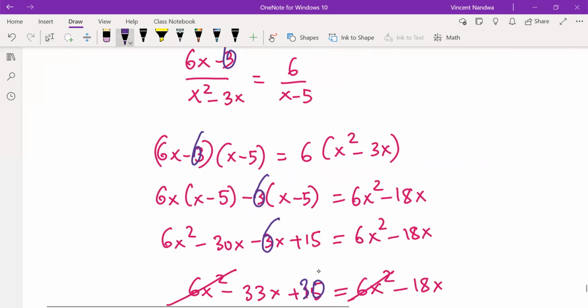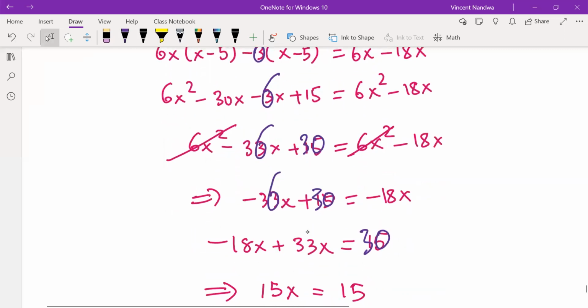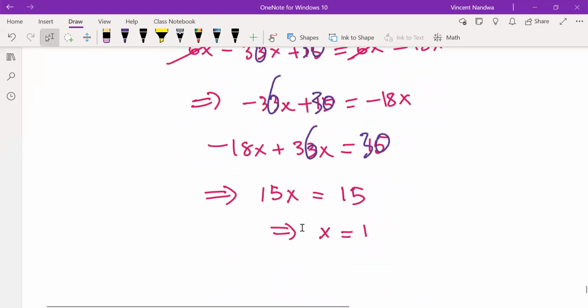So minus 30x minus 6x is not going to give us minus 33, but it's going to be minus 36. And so we'll have minus 18x plus 36, which is going to be positive 18x equals 30.